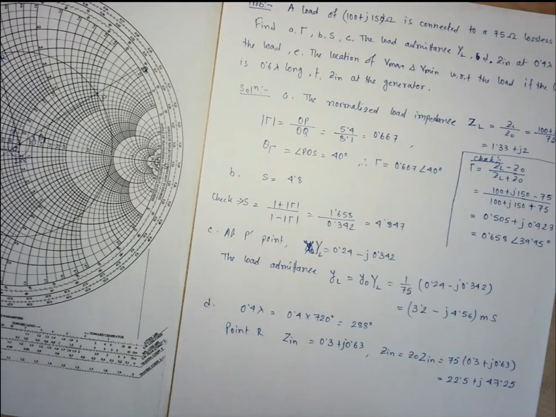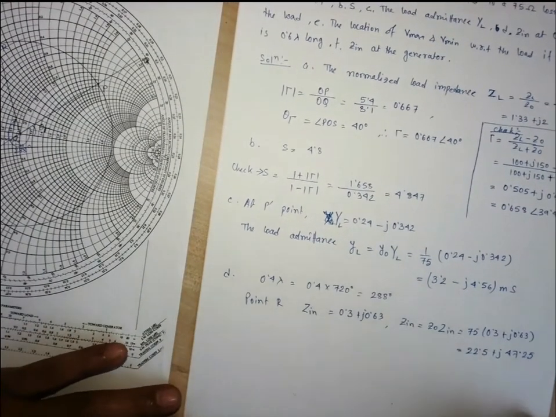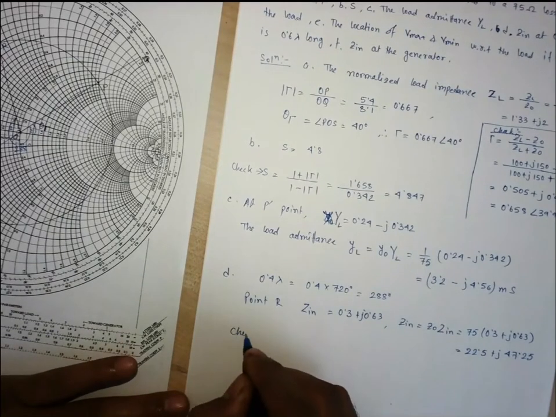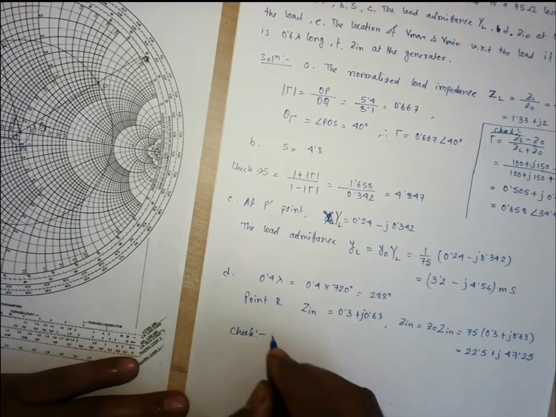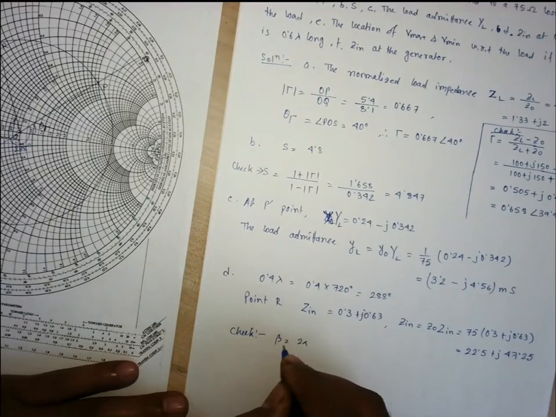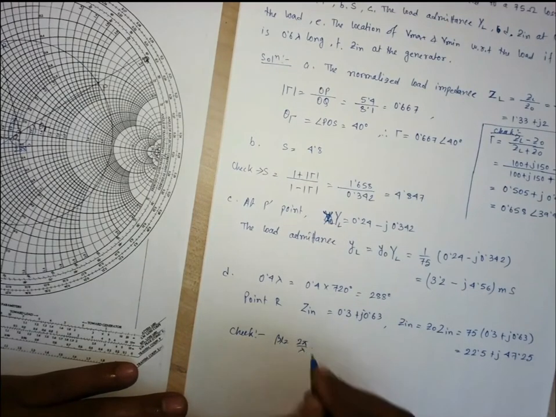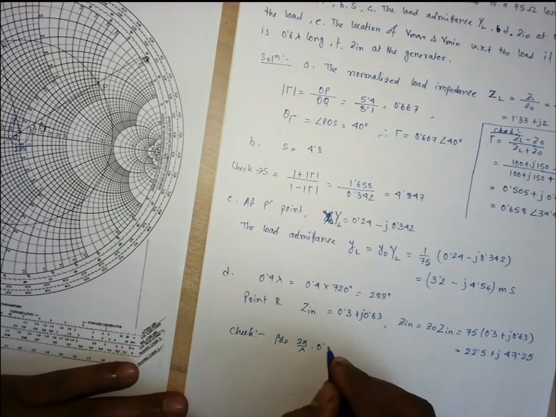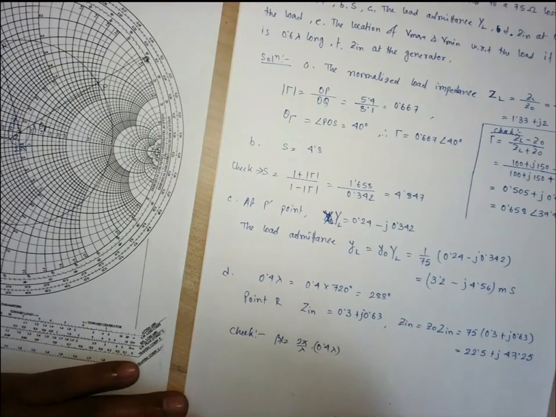You just simply use beta L. Let us put a check. So what will be our beta L? Twice pi by lambda. L is 0.4 lambda. Lambda will get cancelled, right? So it will be 144 degree.